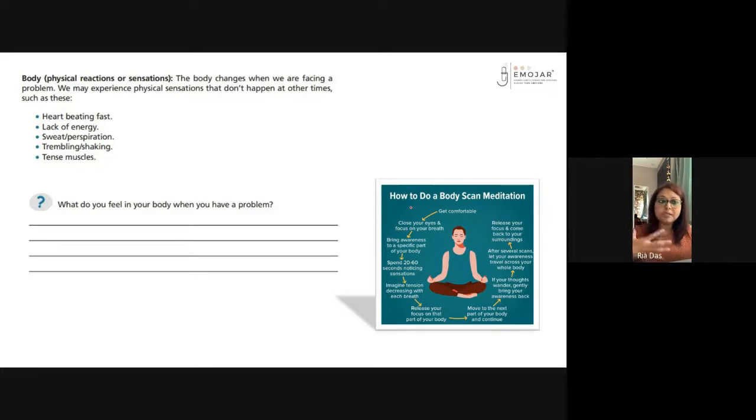So through body scanning, relaxation exercises, physical exercises, meditation, if you can control these physiological symptoms, a lot of it goes away. The fear goes away, if we take proper care of our bodies.